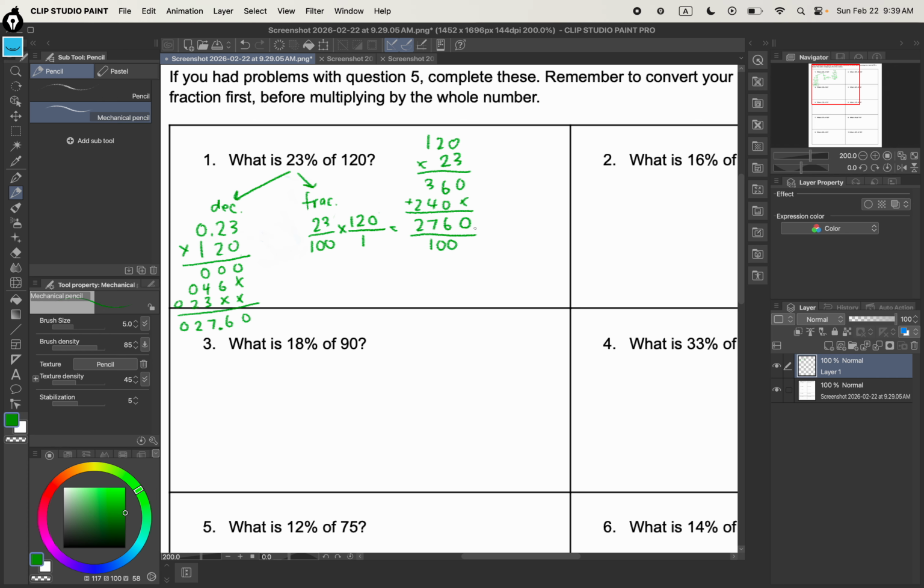Okay, so that's my fraction, and then you know the shortcut for dividing by 100 is moving my decimal place 2 times to the left. So if I go 1, 2, then I also get 27.60, or just 27.6.